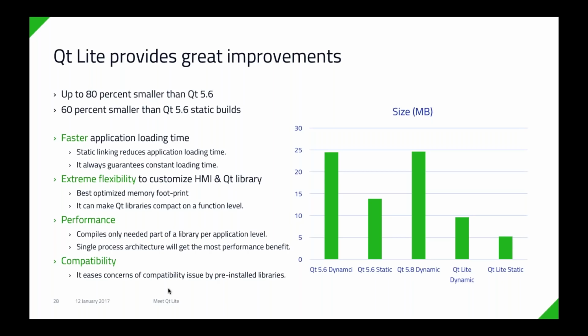You will use less RAM as well. You have the flexibility to customize the HMI and the Qt library to be best optimized for your use case, with as small a memory footprint as possible. And in some cases we can actually remove things on a per-function level.